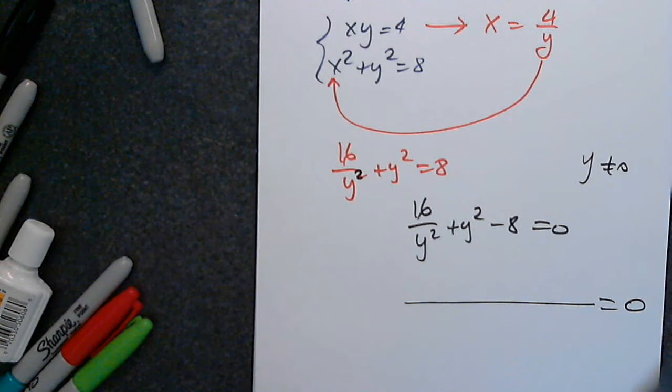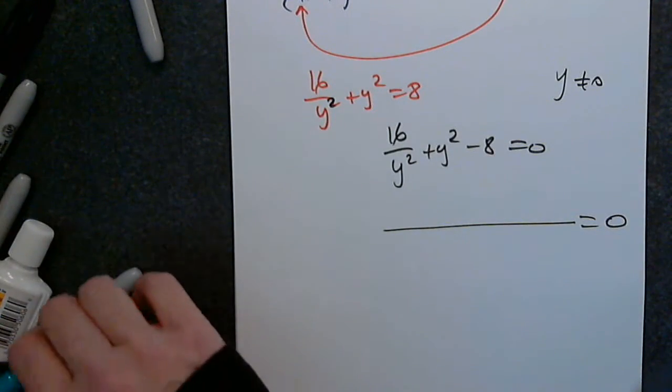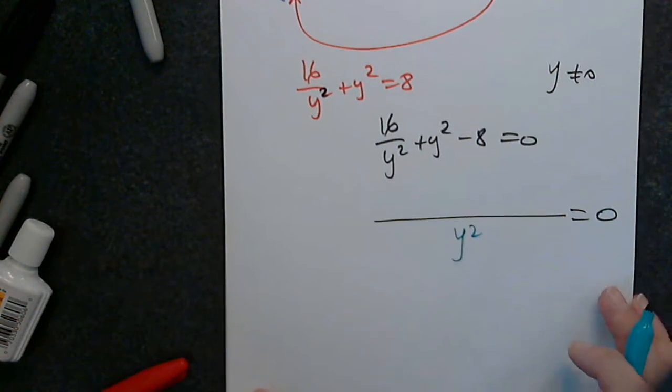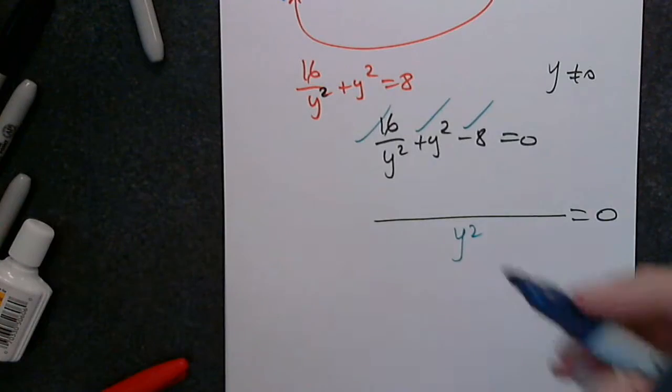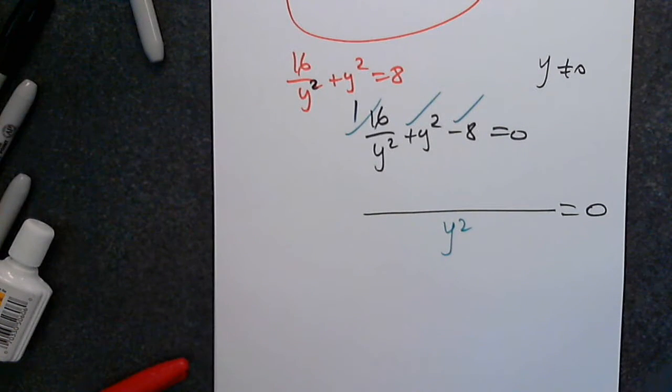Now we have to find the least common denominator. In this case, the least common denominator is, say it again. Yes, perfect, y squared. So we need adjustments. What is the adjustment for the first fraction? And the answer is? Very good. Thank you, Brian. The answer on the second one?